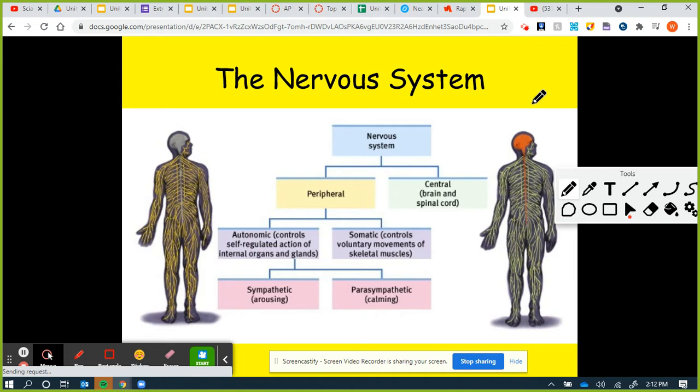All of the nerves that come off of the central nervous system, that make all the nerves traveling down our arms, down our legs, to our face, all these different things, are part of what is called the peripheral nervous system.